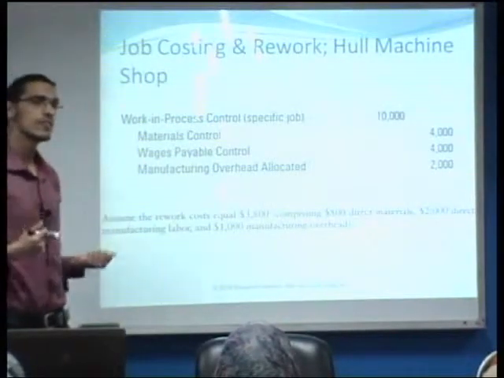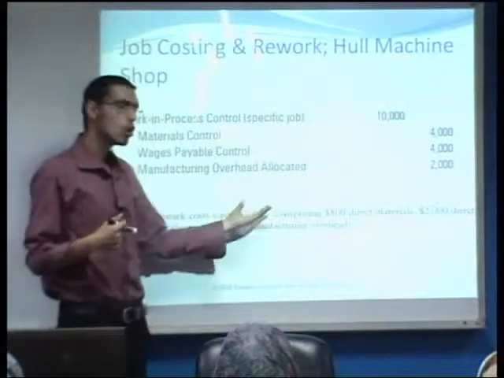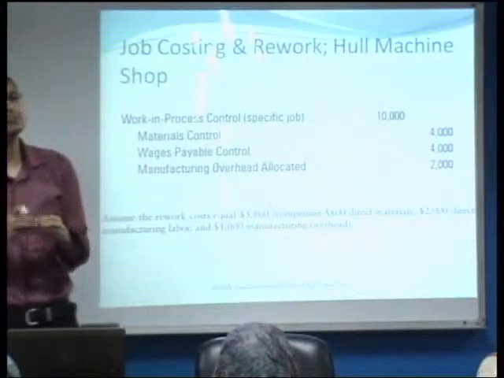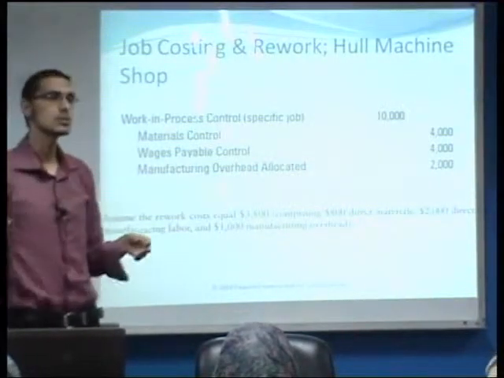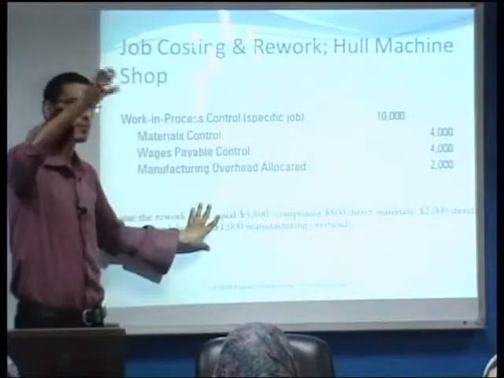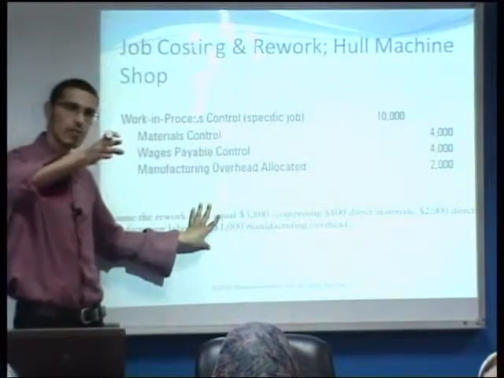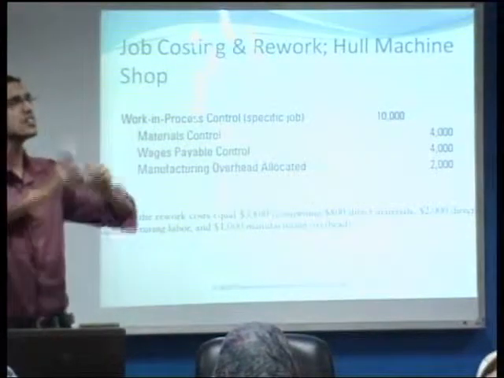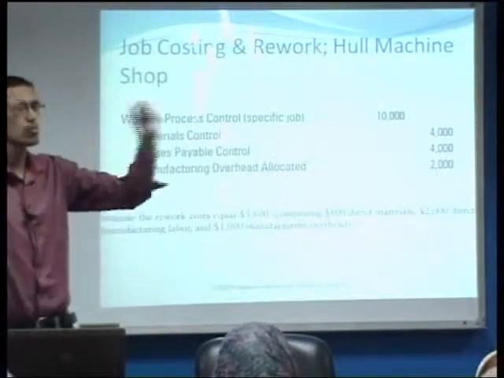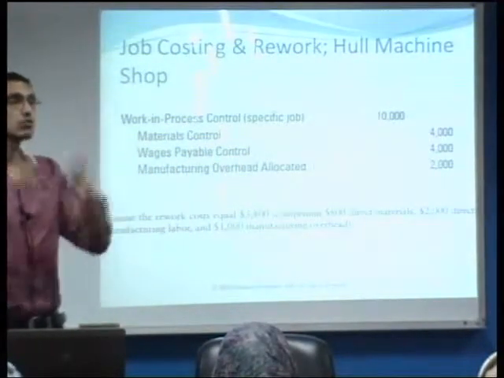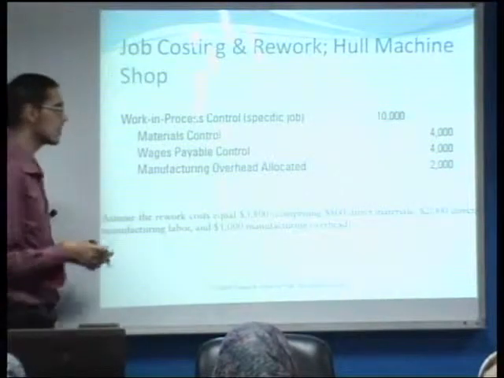Now, what if these spoiled units or this rework was deemed to be common to all jobs? Then these costs will be loaded onto the manufacturing overhead. Why the manufacturing overhead? Because the manufacturing overhead is the account that is prorated onto the different jobs and onto the different units in different jobs.